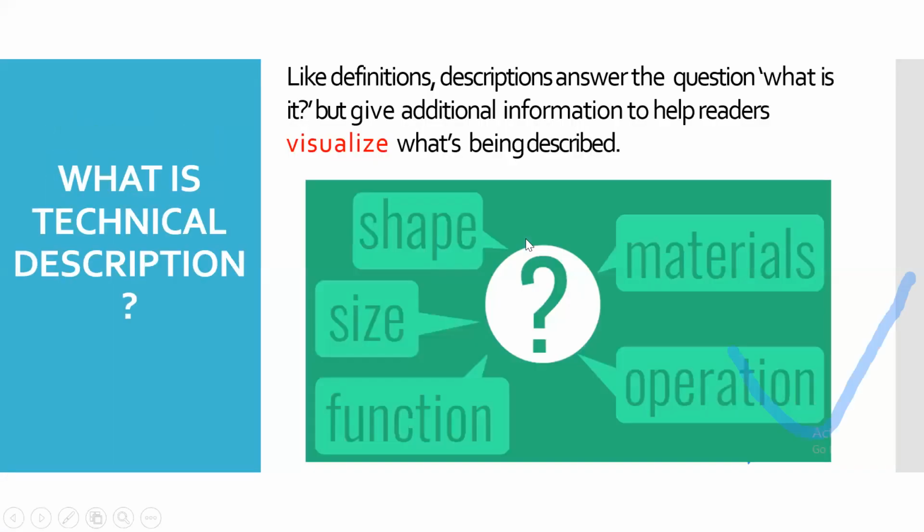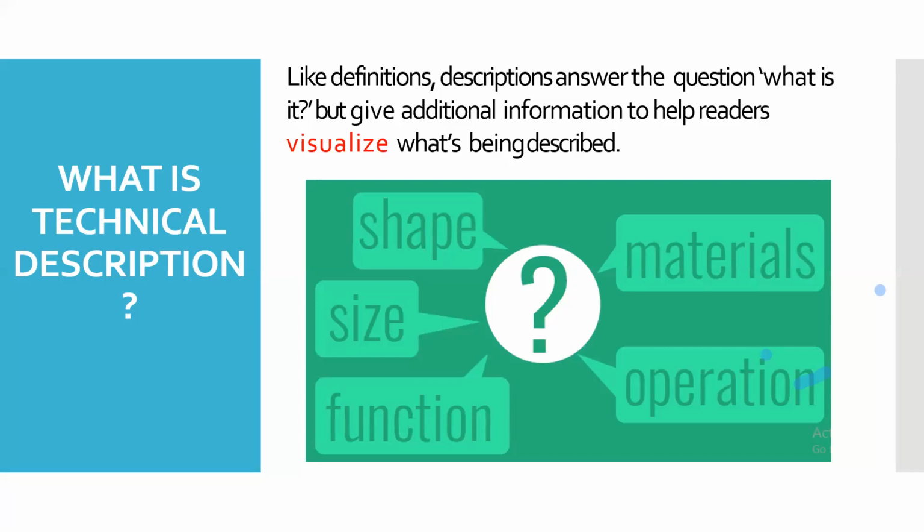So what exactly is technical description? Like definitions, descriptions answer the question, what is it? But they also give additional information to help readers visualize what exactly is being described, right?